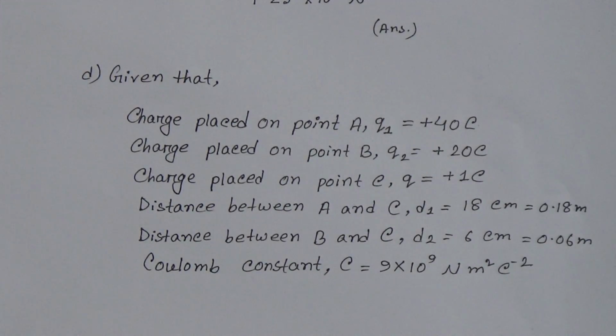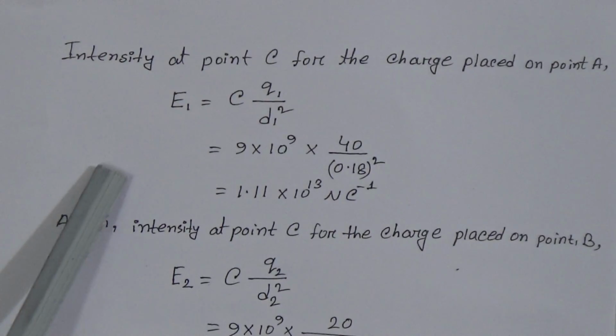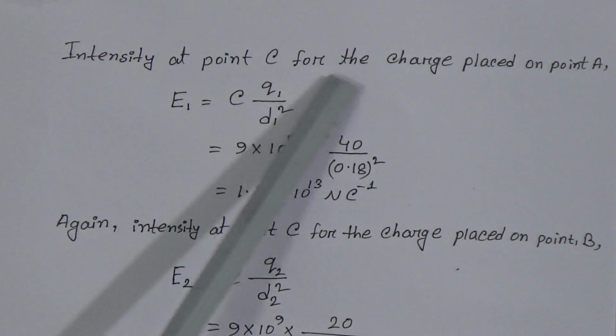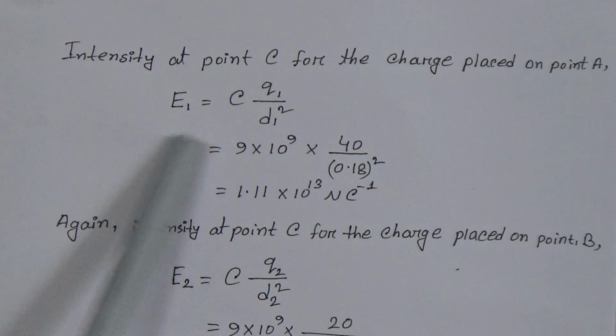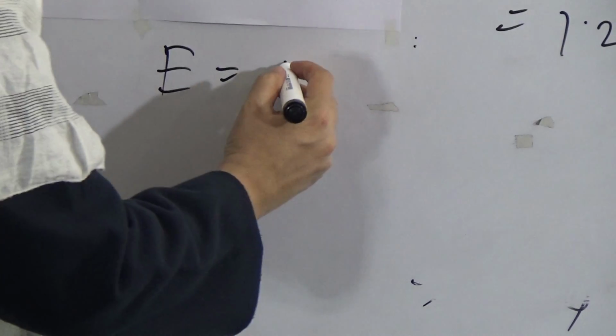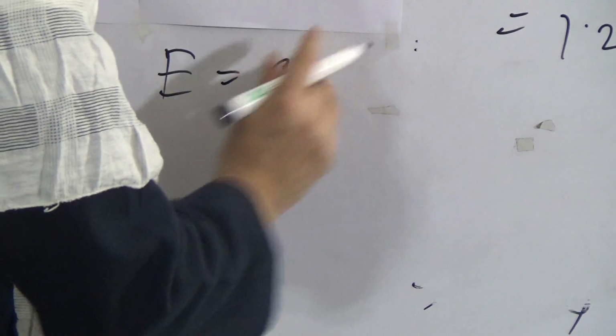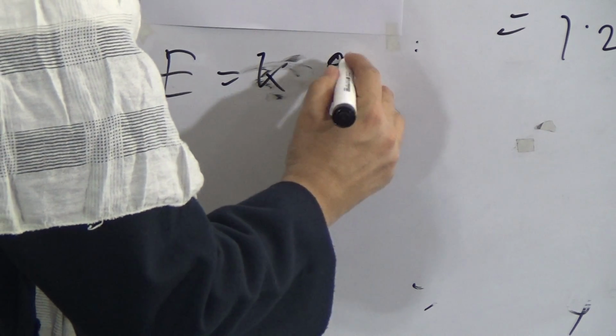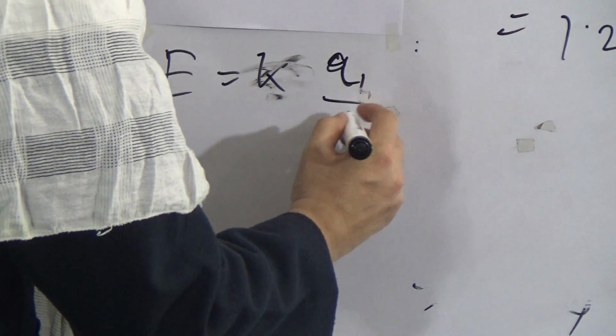My dear students, we have to find the electric field intensity. The intensity at point C for the charge placed at point A: we know the formula, electric field intensity E equals K Q divided by R square.